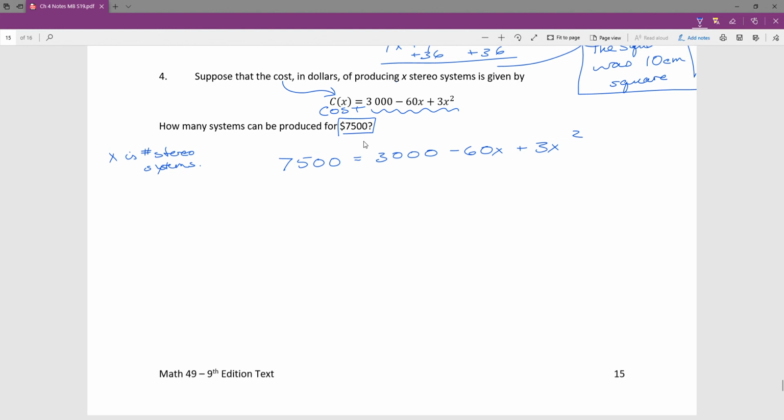So there's lots to do with this one. I would probably bring everything over, like all the whole numbers over to this side and set it equal to 0 on this side. I'm going to put it in descending order. So 3x squared, I'm going to subtract 7,500 from both sides. Sorry, you do this all in one step. And then I'd have negative 4,500 down here.